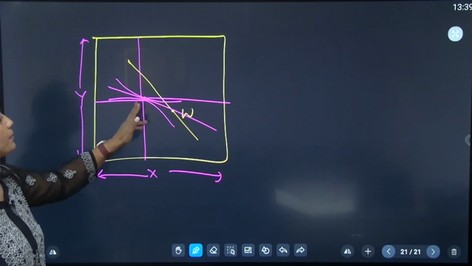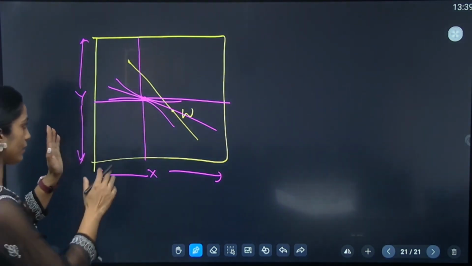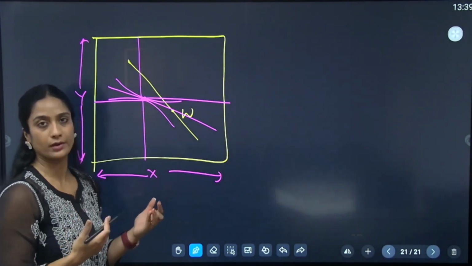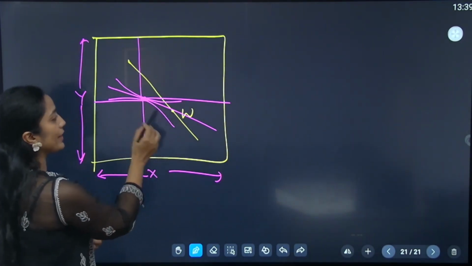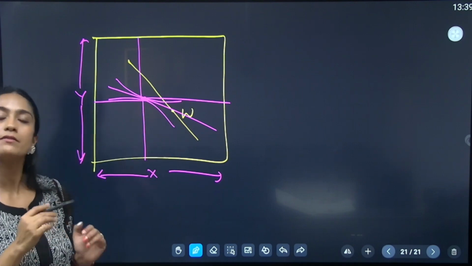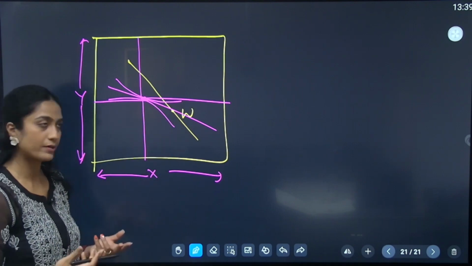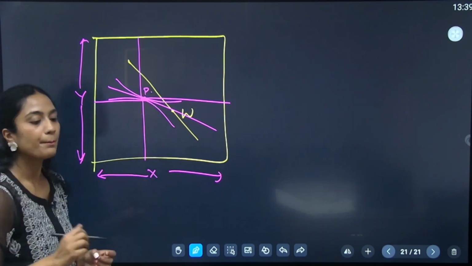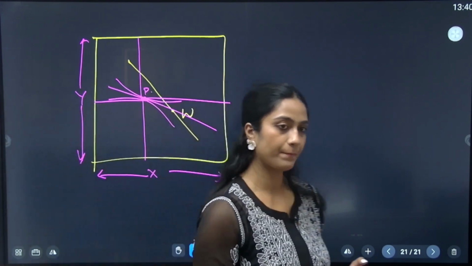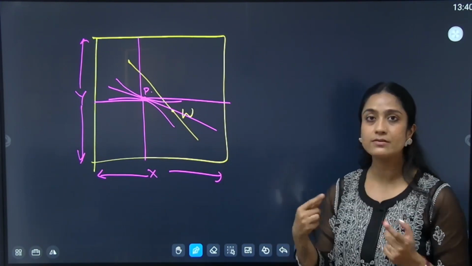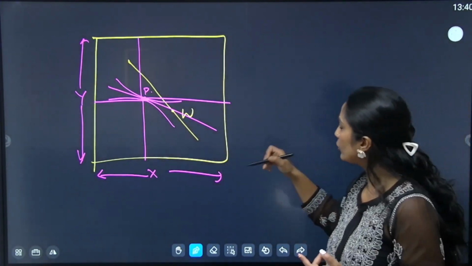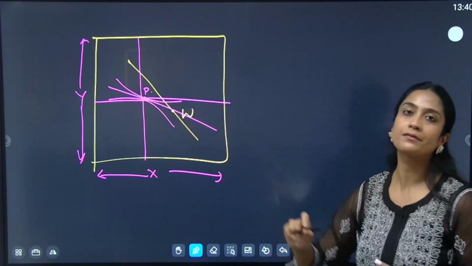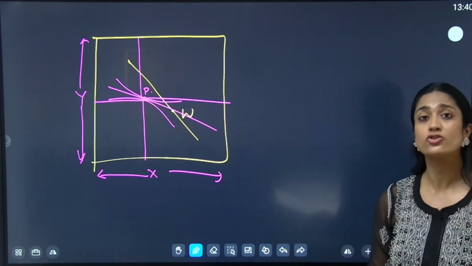Right? And at that price, both of them will have maximized their utility, because we know that this tangency between price line and utility indifference curves comes from utility maximization, right? So at this final price, say P, both of them will have maximized the utility. And we already know, and this is the important point, that a point where the indifference curves are tangent to each other is a Pareto optimal point.